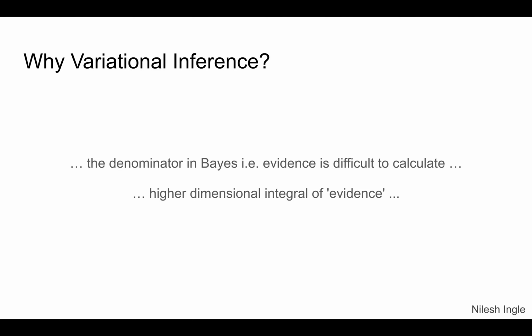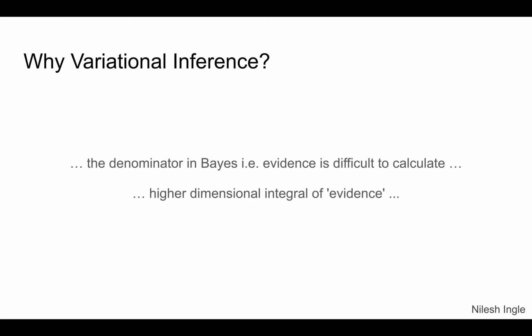Now, what is variational inference and why are we using it? As we looked at earlier, when we are trying to estimate the posterior based on the likelihood and prior, the denominator, which is the evidence, can become difficult to calculate even for computers.